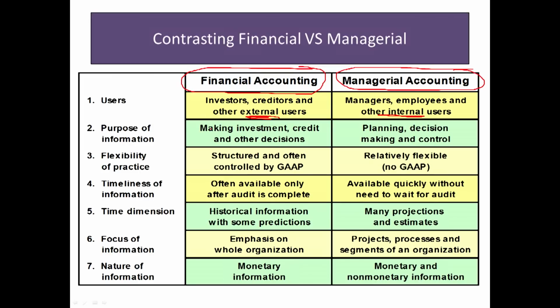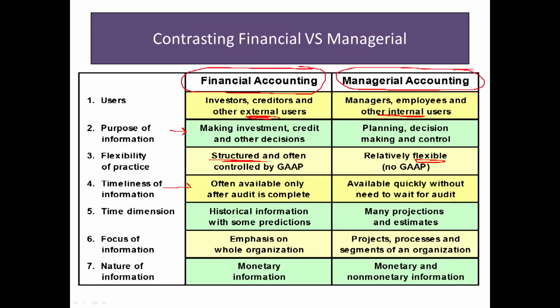The purpose for financial is to make investment, credit, and other decisions, whereas managerial is to plan and make decisions in regards to running your company. Financial accounting is very structured, lots of rules. Sometimes we say financial accounting is very black and white. Managerial accounting is relatively flexible, or we might say it's more gray, just like when you do your budget. It's not a lot of rules.